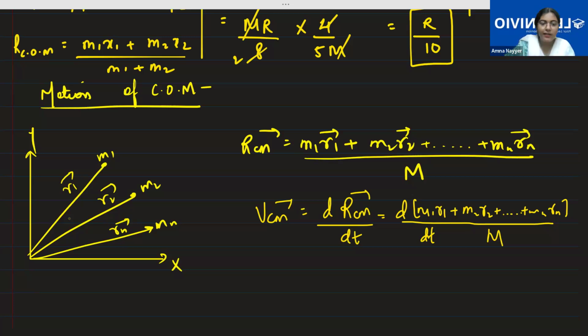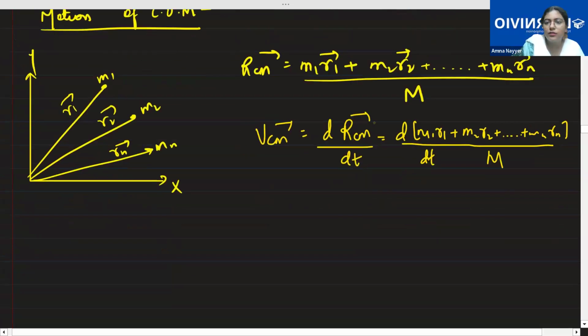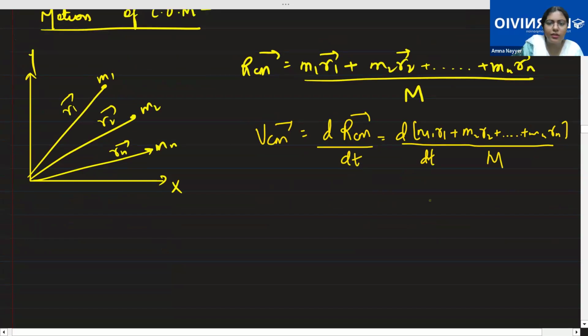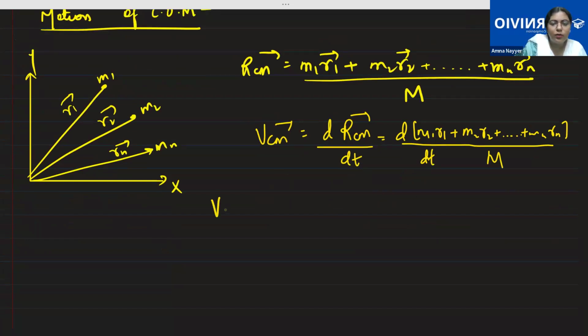So the position of the center of mass is this. Whenever we have to calculate the velocity from position, we differentiate it. Same thing we are going to do over here also. I'll continue from here only. For the velocity of the center of mass, the masses are constant.